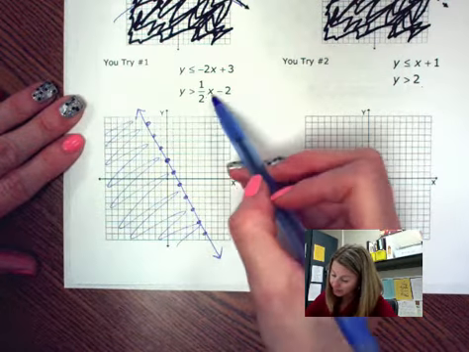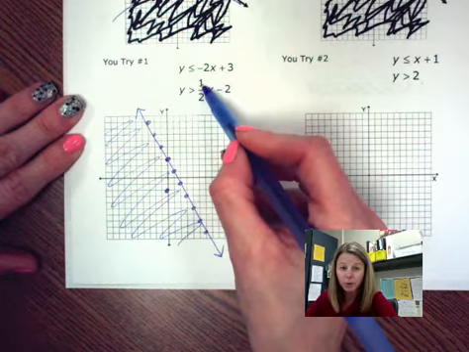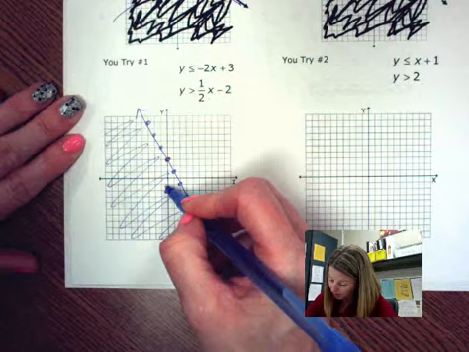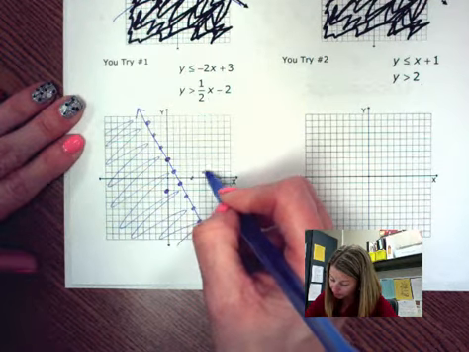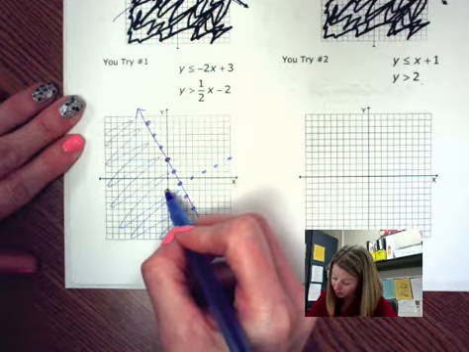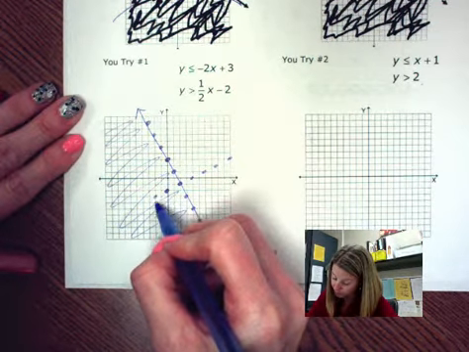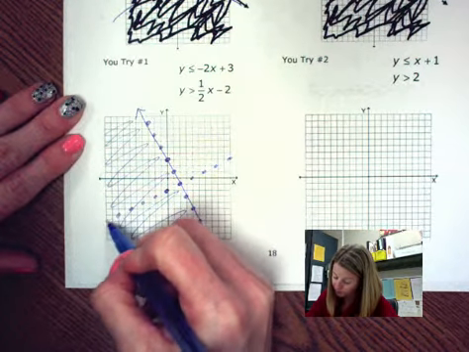Okay? Second line, start at -2 right there, and I'm going to go up 1 over 2. Up 1 over 2, up 1 over 2, up 1 over 2. Now I'm going to go the other way, down 1 and over 2, down 1 over 2.